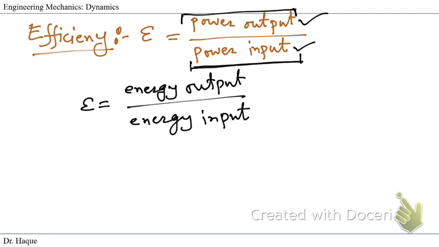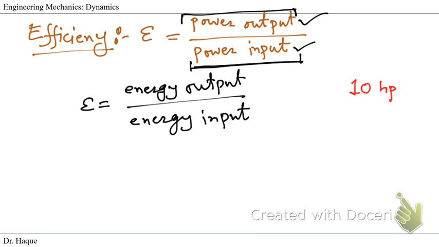One thing to observe here is that if I provide power of 10 horsepower, or a certain amount of energy, there is always loss.